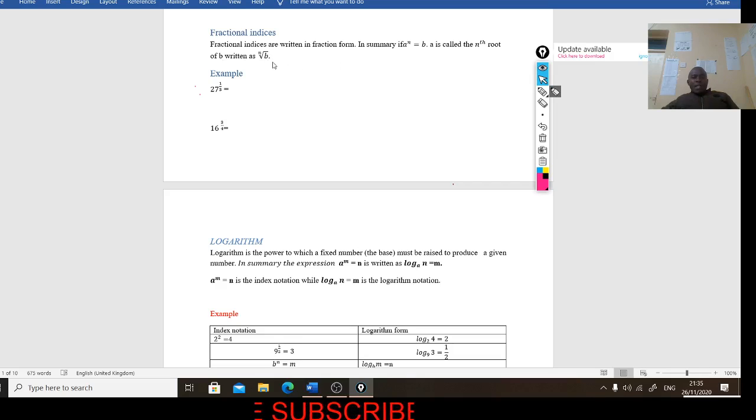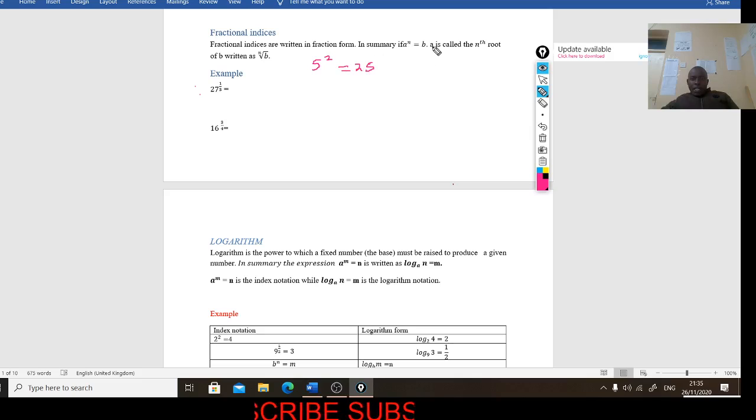So for you to understand better, let's use a number like 5. 5 squared we know equals 25. Like I said, a to the power of n, so n is 2 and a is 5.